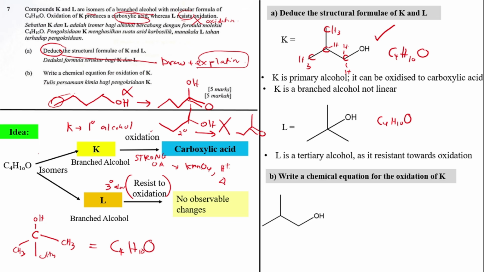You must have all three conditions for it to proceed. So we put our reactant plus our oxidizing agent KMnO4, H plus, with heat, and this will convert our primary alcohol to become a carboxylic acid. You have a branch here because it was stated in the question that it needs to be a branched alcohol. So this is how we do question number 7.